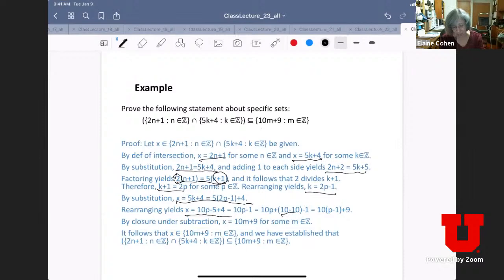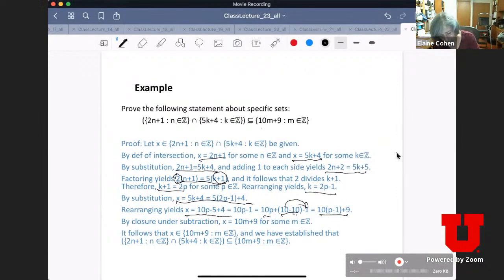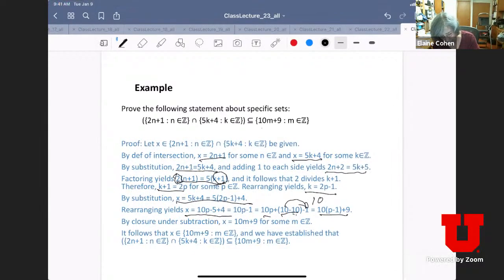So we can add and subtract 10 and then put it in that form. This add goes with that minus. This minus becomes part of the distributive law. If we take that, we end up with something of this form, plus, if I get rid of the parentheses, that's minus 10 plus 10 minus 1.